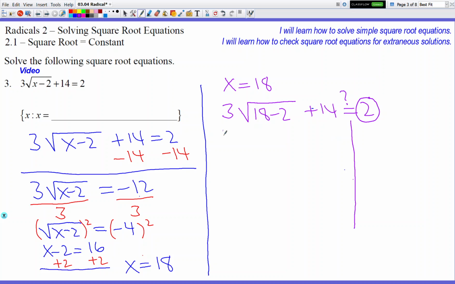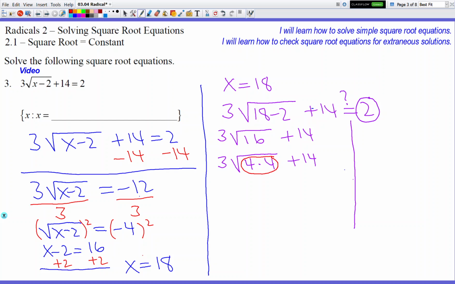Okay, so let's play with some numbers. So 3 times the square root of 16 plus 14. Okay, so let's see what else. 3 times the square root of, and let's break apart 16, and we can break it up into 4 times 4. And then since the 4's match, I can circle them.